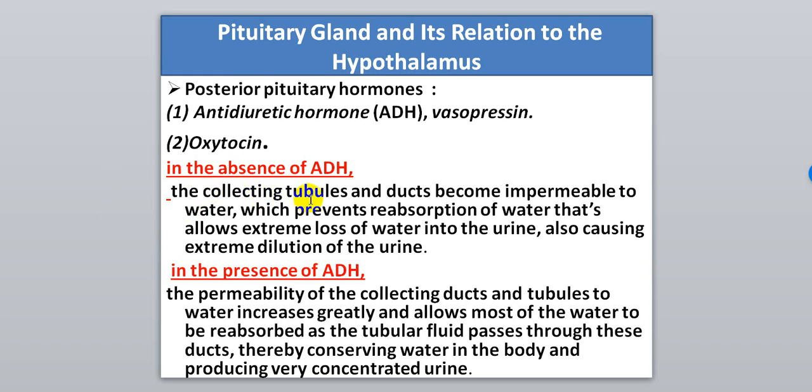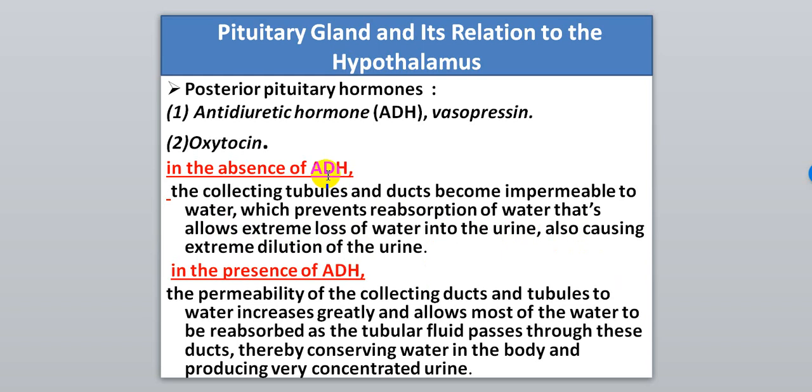If there is absence of antidiuretic hormone, the collecting tubules and ducts become impermeable to water, which prevents reabsorption of water and thus allows extreme loss of water in the urine, and also causes dilution of urine.